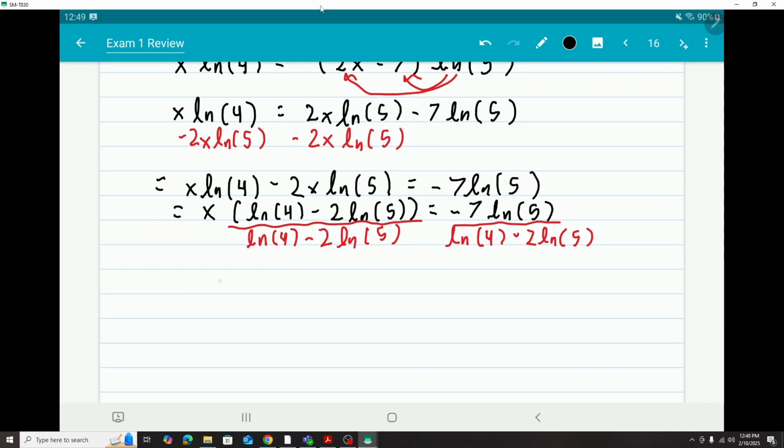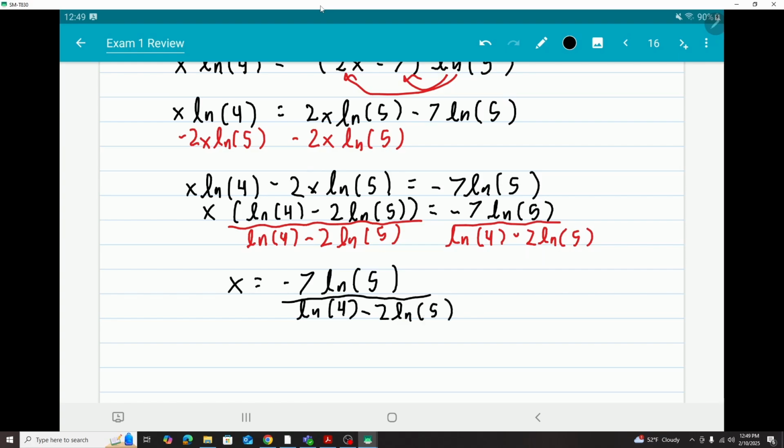And I get x equals minus 7 natural log of 5 divided by natural log of 4 minus 2 natural log of 5. And so this is something we could put in a calculator.